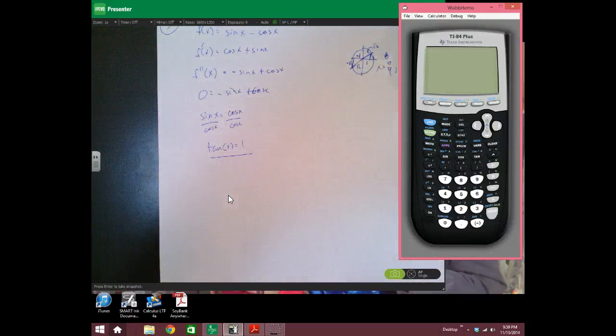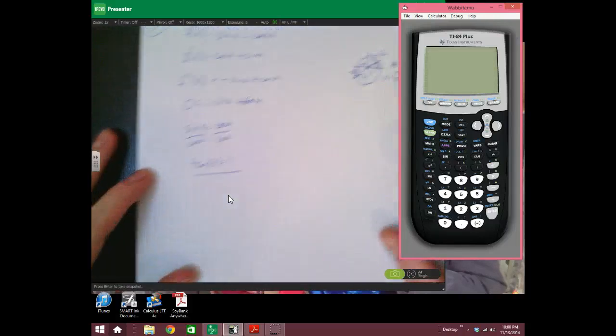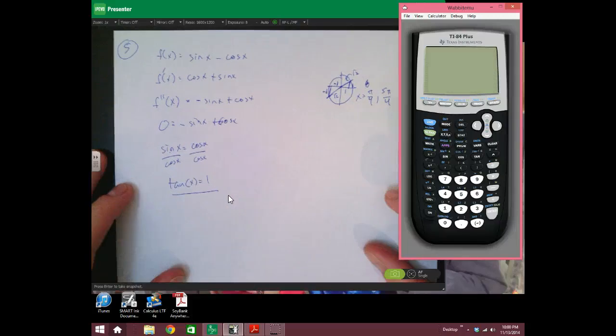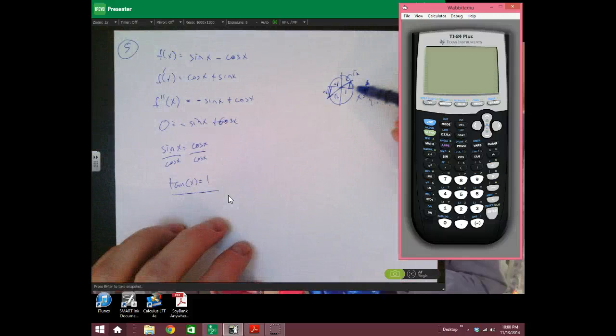So what I'm really asking myself is, when does tangent of x equal 1? Tangent of x equals 1 in the first quadrant. Opposite over adjacent is 1 over 1, so pi over 4. And the same thing in the third quadrant. So either way, my second derivative is equal to 0 at pi over 4 and 5 pi over 4.